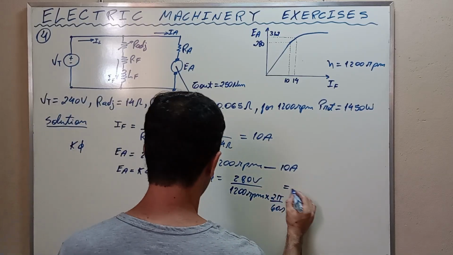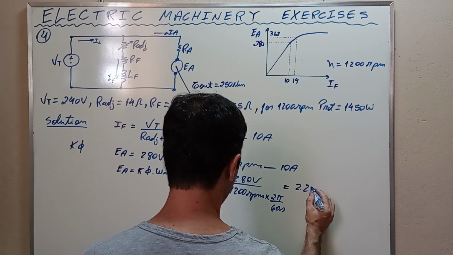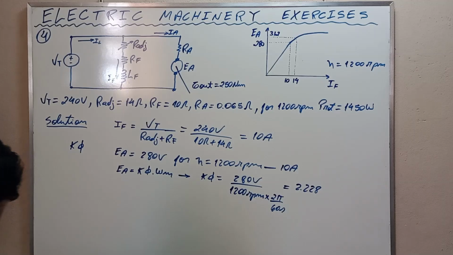This is equal to 2.228. This is a constant, and we are going to use this constant.